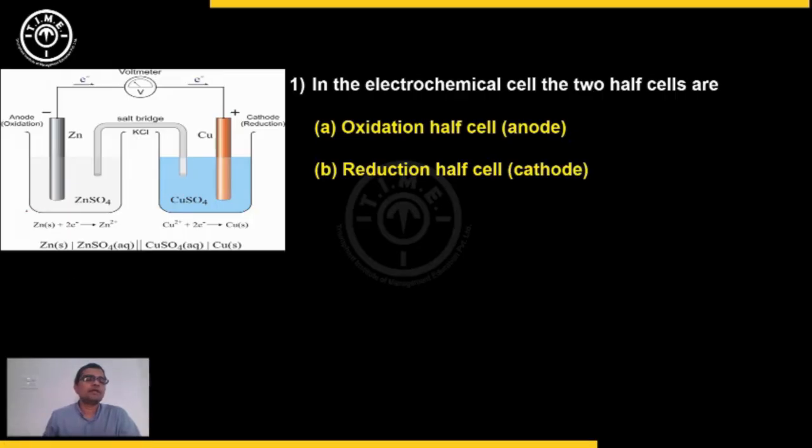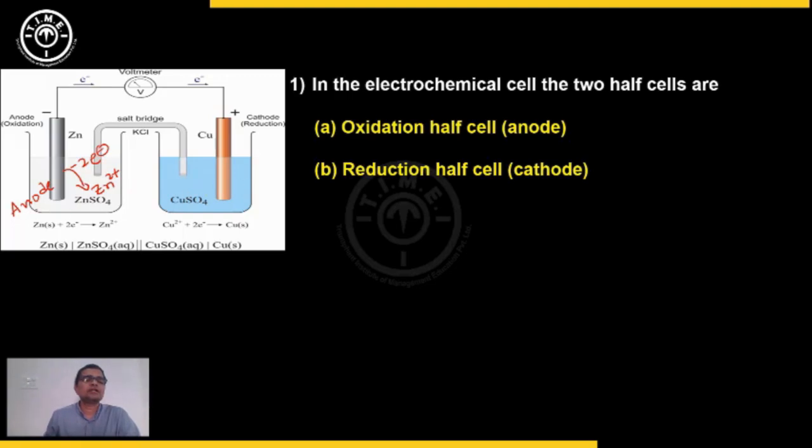So, in the galvanic cell, the zinc electrode is an anode. In this anode, by losing two electrons, zinc oxidizes to Zn2+ ion. Okay, next.